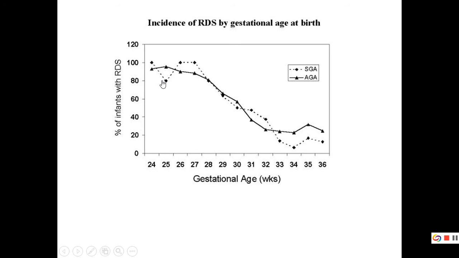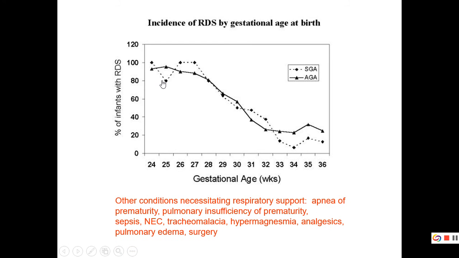There's the compliance of your chest wall. There's how floppy your airway is. There's control of your breathing from brain immaturity, right? So there's lots of other factors that would cause an infant to need respiratory support. And there's lots of other reasons that we might ventilate an infant beyond just respiratory distress syndrome.